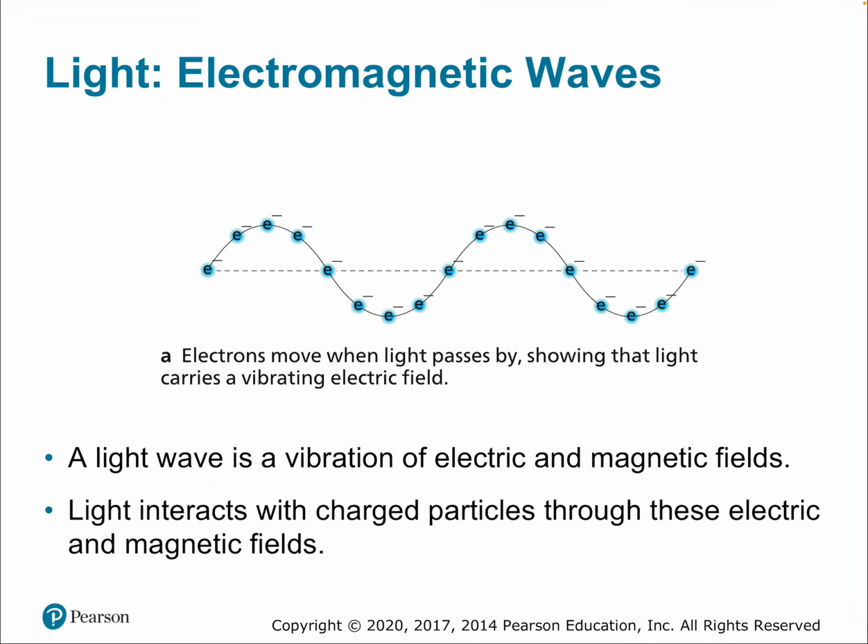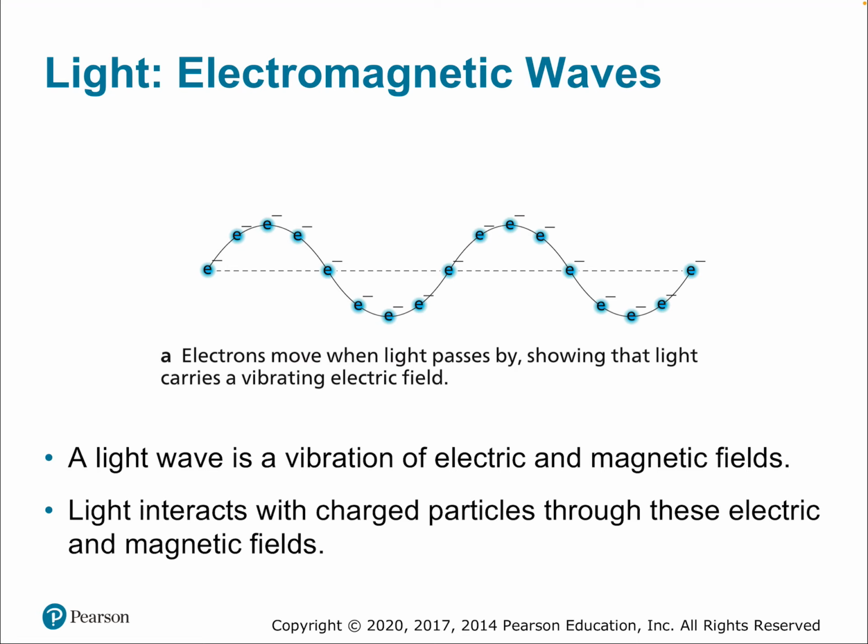Okay, now light is a little bit more abstract than a ripple in the pond. It's what's known as an electromagnetic wave. In a simplified way, we could think about it as a curve here that has a bunch of electrons, charged particles, part of atoms, sort of representing the surface, almost representing a string.